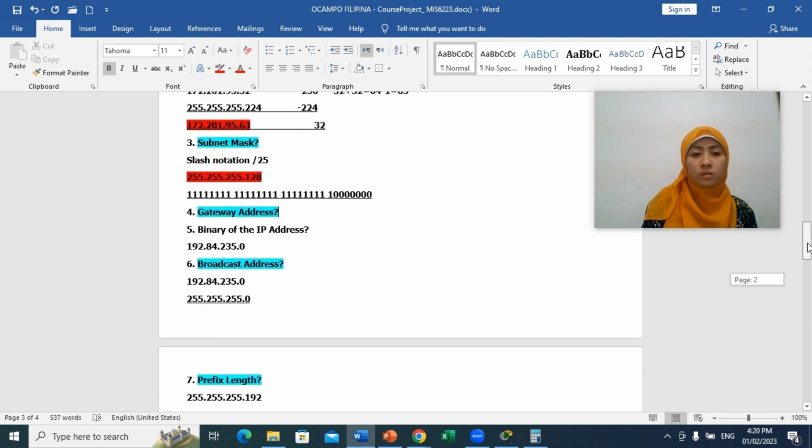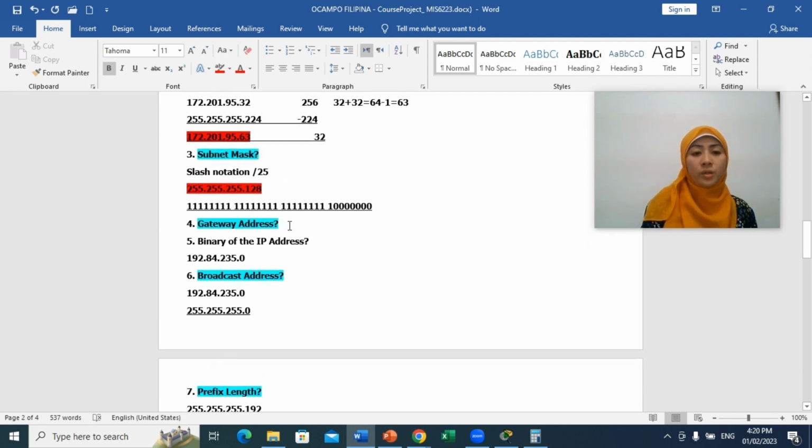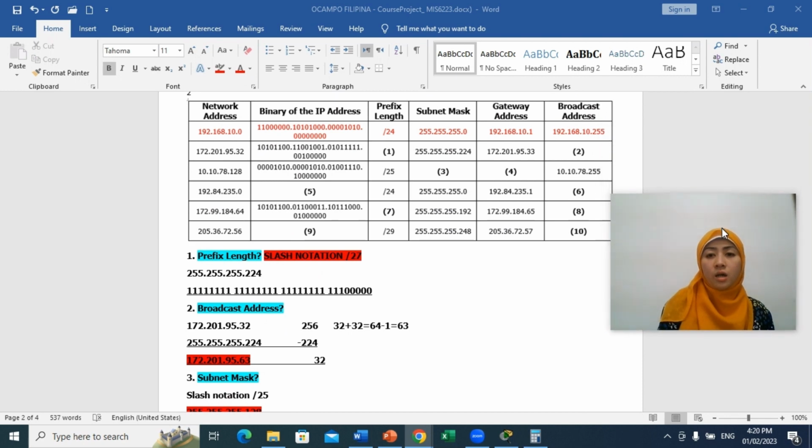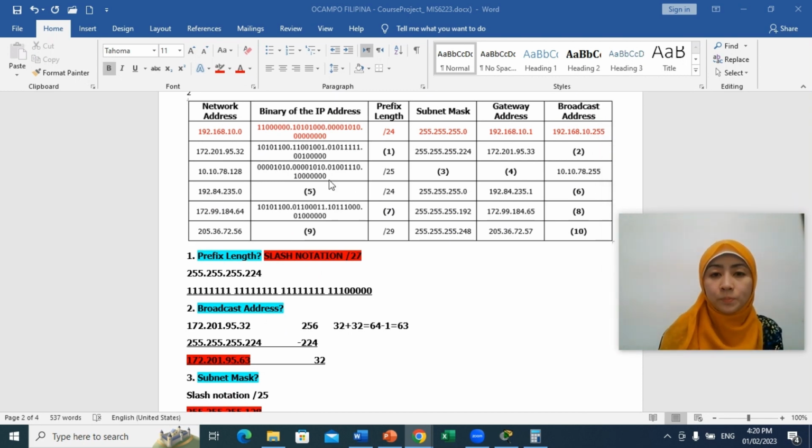So moving on, number four, how do we get the gateway address? For this one, I just figured out that, as you can see here, the value of the network address and the gateway address on the last octet are just adding one number. So 32, then plus 1, it will become 33. So here we will just add 1.